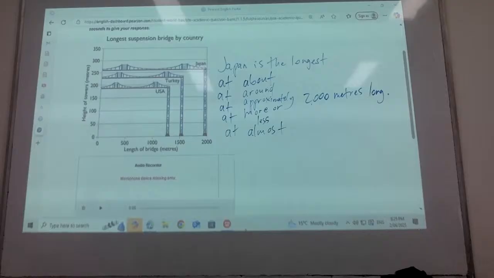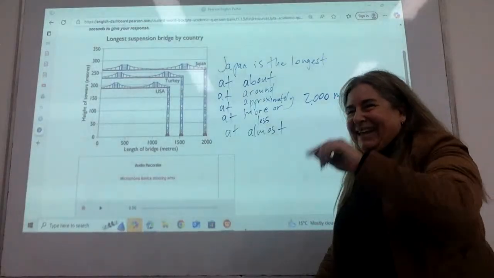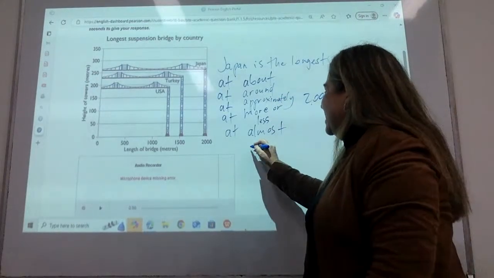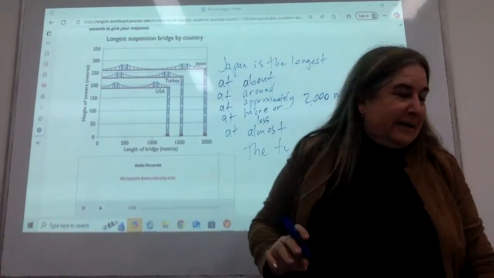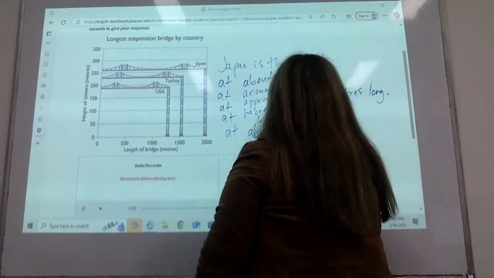The Turkish bridge. Okay, good. Yes, the Turkish bridge is long, but not as long as Japan. Oh, the Japanese. I like that example. Look, she says the Turkish bridge. Sorry, it's a name. I made a mistake. If it's a name, always with capitals.